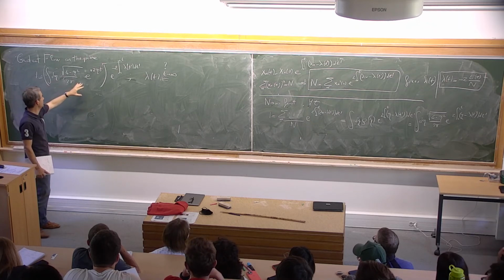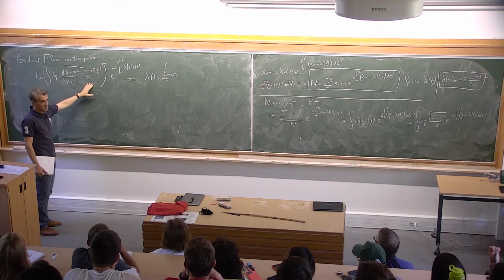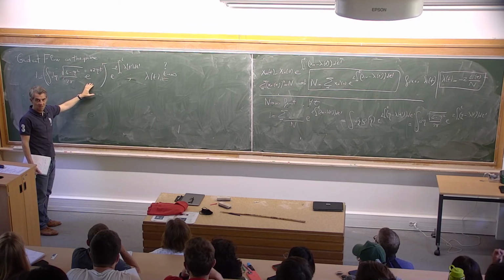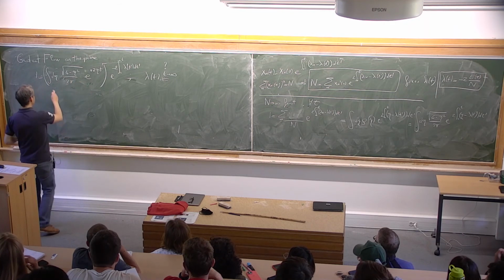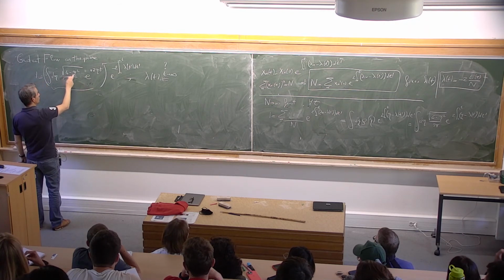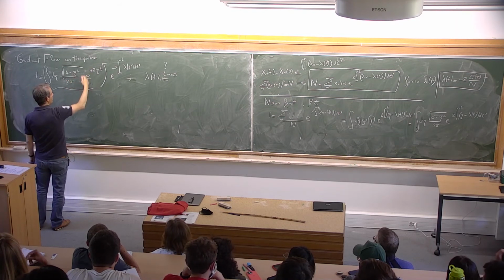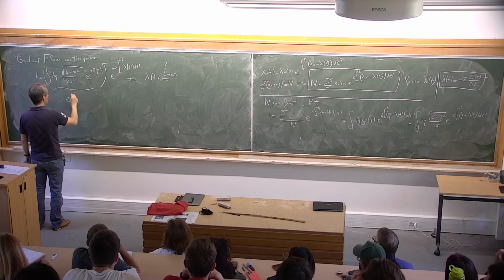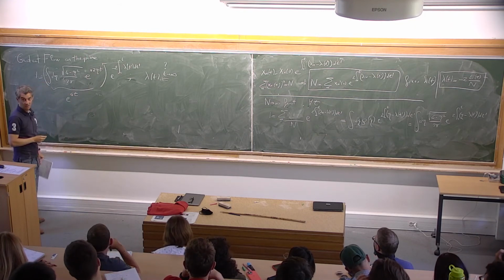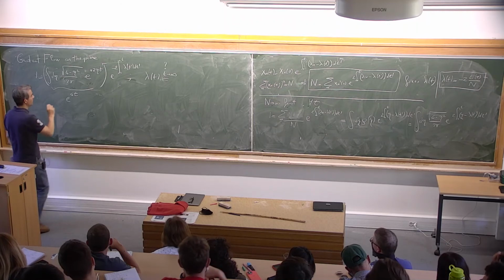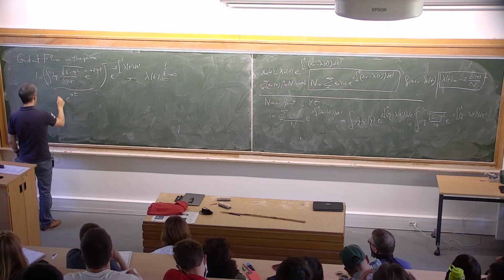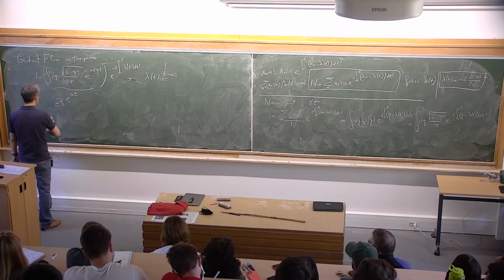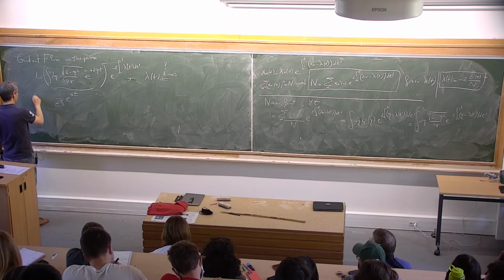Let's see, when t goes to infinity, what is the leading term of this expression? These are a sum of a bunch of exponentials. So what's going to dominate? The maximum value, right? So eta goes from 2 to minus 2. So the exponential that will dominate here is the one with eta equal to 2. So you expect that you have exponential of 4t. Then actually you have to be a little bit more careful because this integral goes to 0 when eta approaches 2. So you have a correction here, which is 1 over t to the 3/2, that you can compute. This is how the first term goes when t goes to infinity.